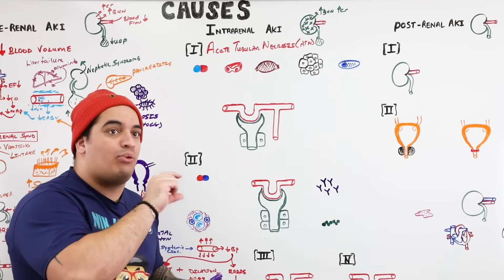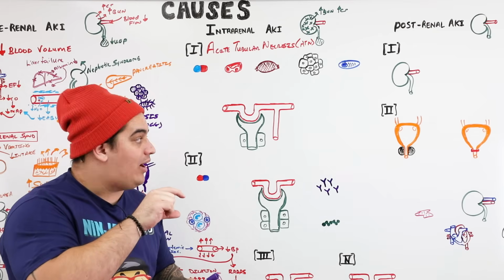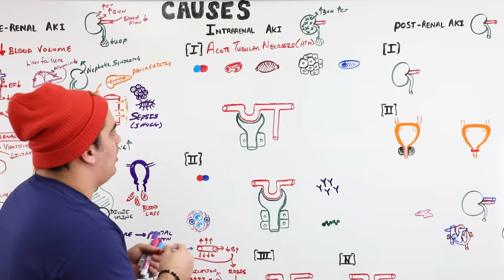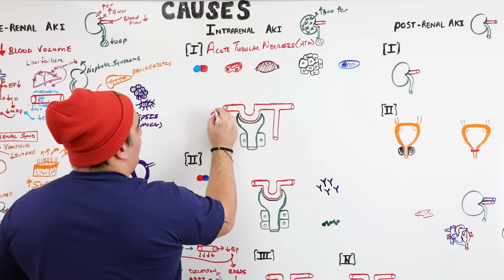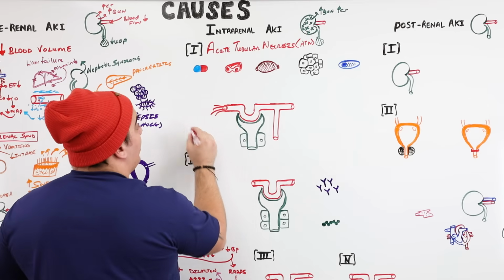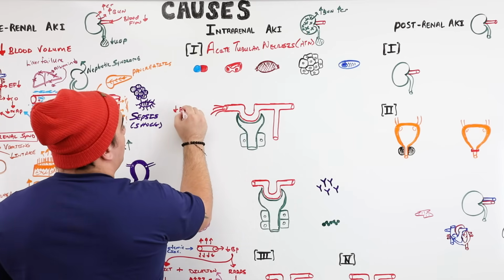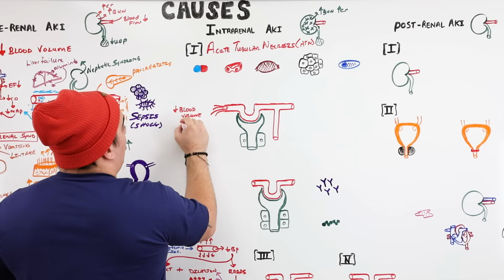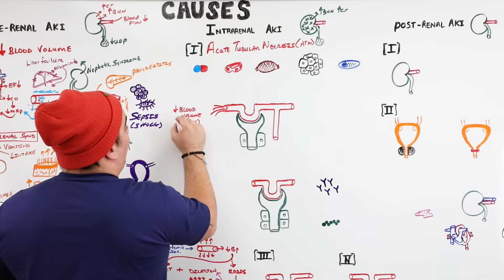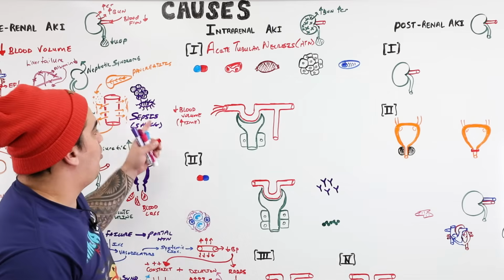So whenever somebody has a pre-renal AKI, right, they have very little blood flow. So one of the other things to think about with intrarenal AKI is someone having very, very low blood flow for long periods of time. So low blood volume for a long period of time that's not corrected, especially someone with sepsis.